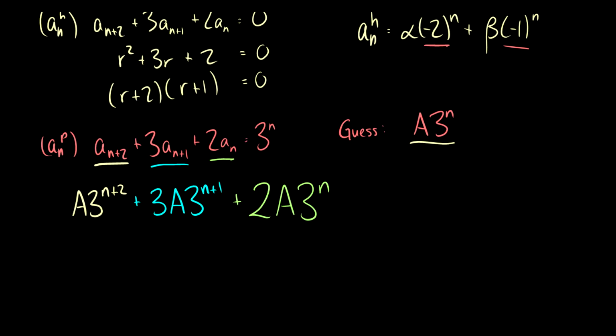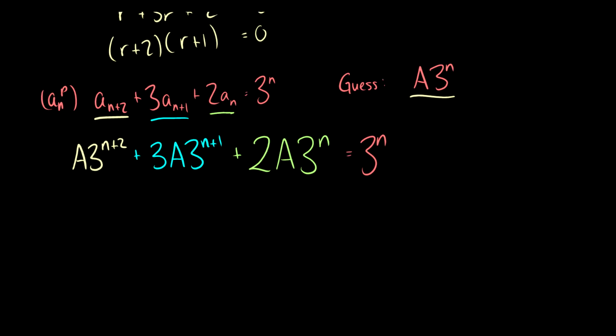And this whole thing is going to equal 3^n. So let's just divide everything by 3^n. Then what we're going to get is 3 squared times a, let's just make that 9, since 3^(n+2) over 3^n is just 3 squared, which is 9.